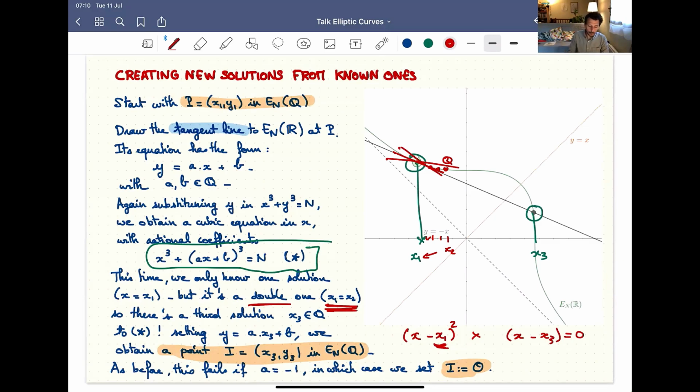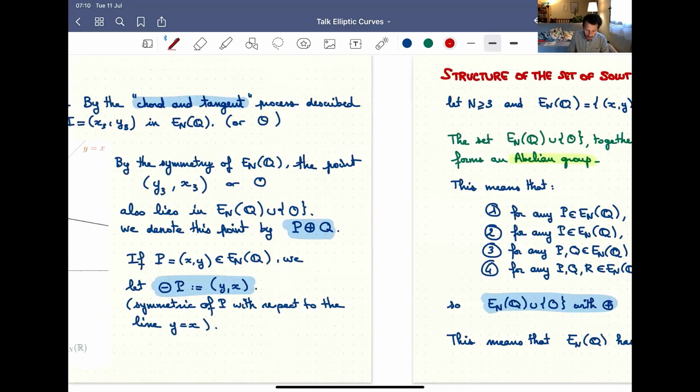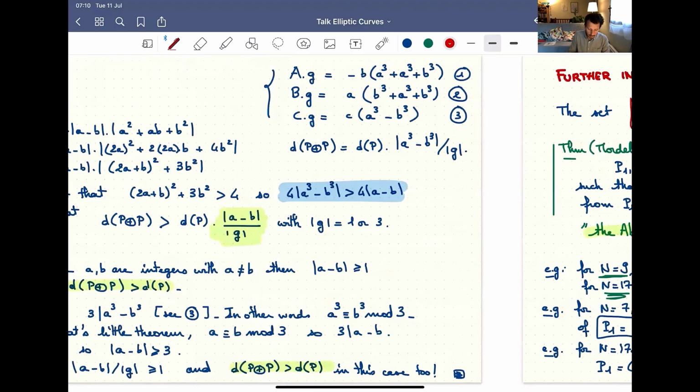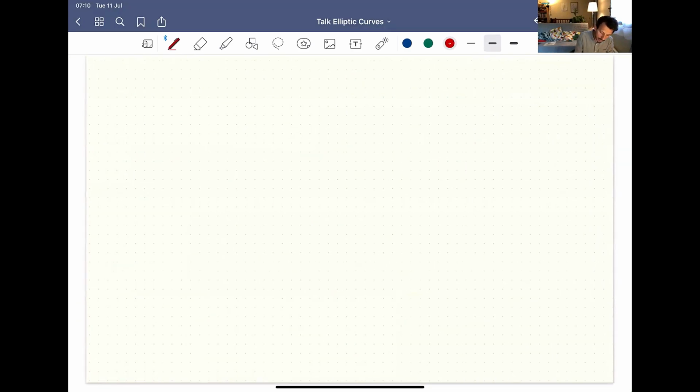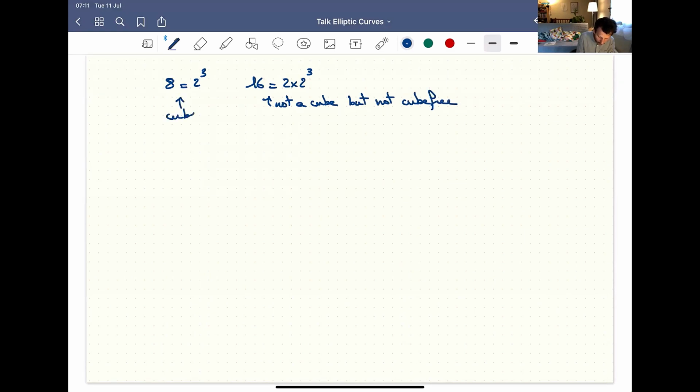So for some number theory problems, it's important not only that 8 is 2 cubed, 16 is twice a cube, so not a cube, but not cube free, because there is a cube factor in there.